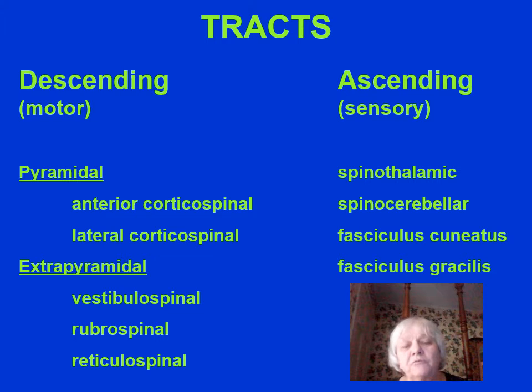We have three types of fine control or extrapyramidal tracts. They all end in spinal, of course. One is vestibulospinal. This one begins in your vestibular apparatus or vestibular nucleus in the brain that's associated with your vestibular apparatus.